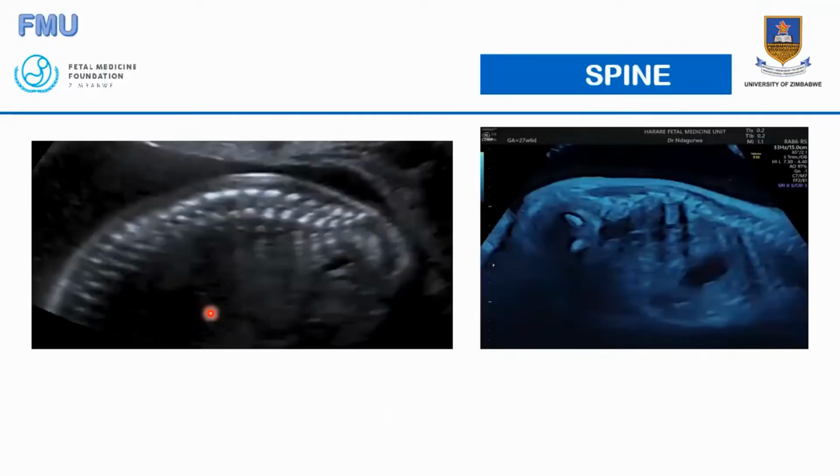The spine should be examined with the baby's back to the front, as shown here, and the tip of the spine should always be visible or identified, and we should try to be as mid-sagittal as possible.